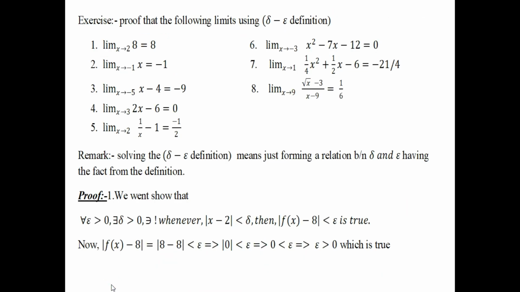Again, we have an additional exercise, which is to prove using the delta epsilon method. Prove the following limits using the delta epsilon definition. We have listed a lot of exercises, so we'll see them one by one.